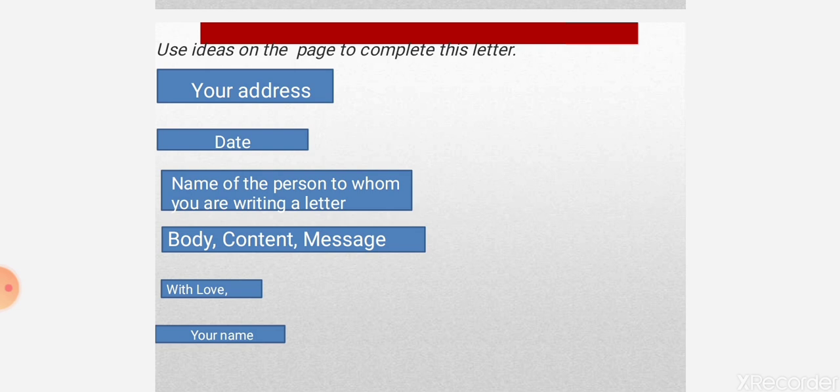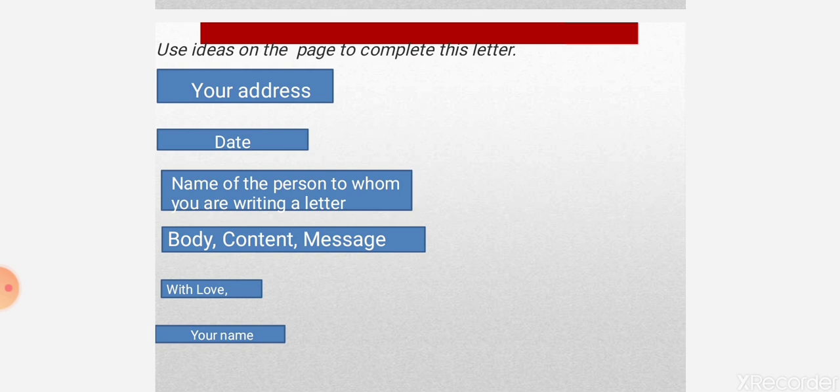Keep in mind that you have to write your address. If there is no address given in the title, then you can write your own address, then the date, a proper date, then the name of the person to whom you are writing the letter. You can mention dear, dearest, and write the name. Then you will frame the body, content, message.